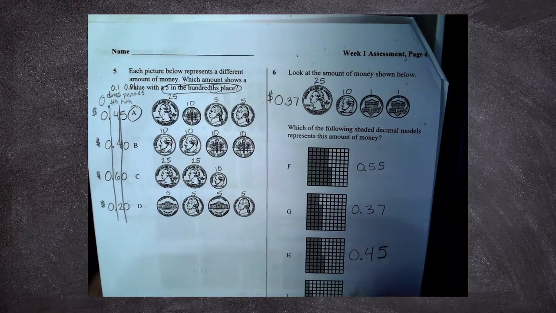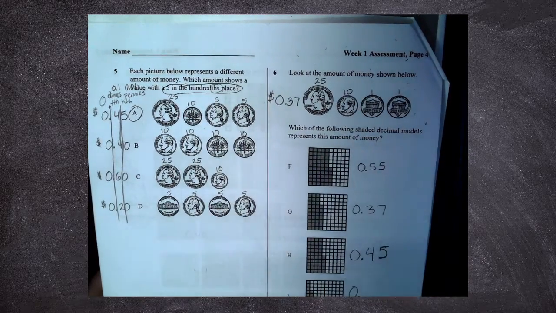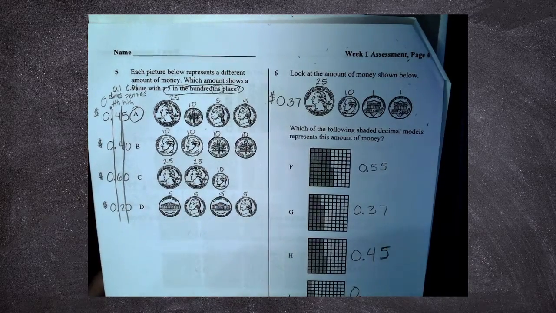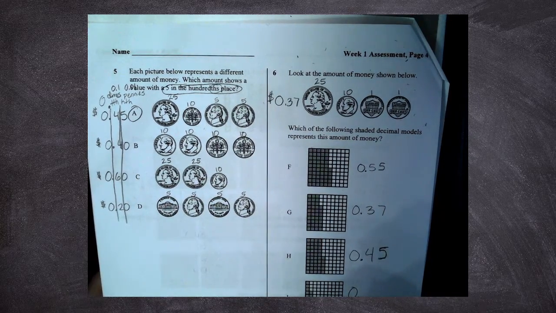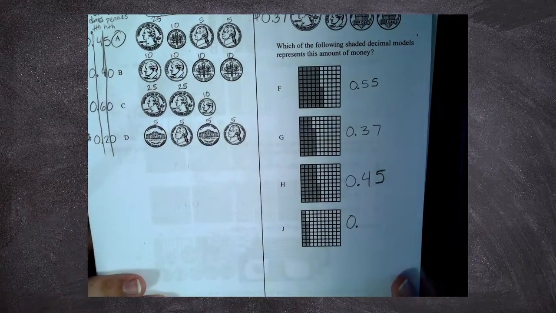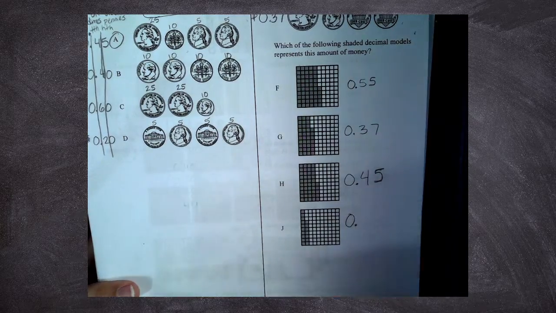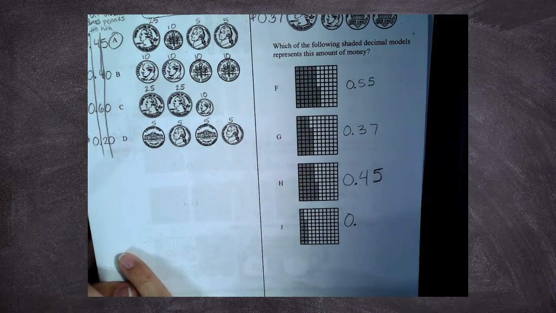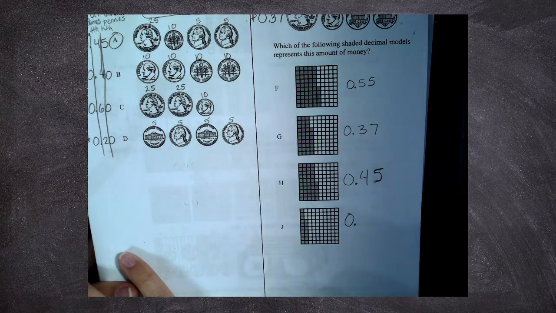One last one. Answer choice J. How many tenths did they shade in for answer choice J? Noah? There we go. How many tenths are shaded in, Noah? 1.